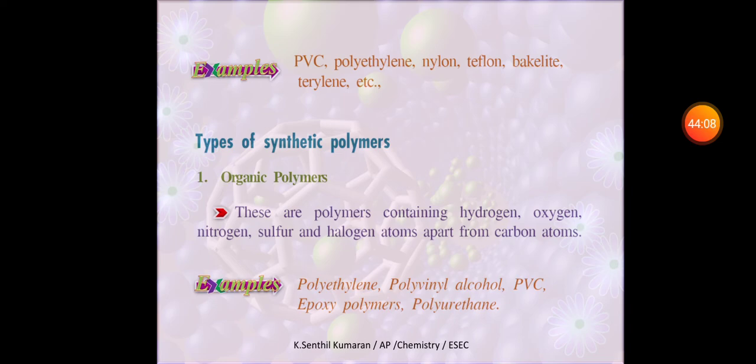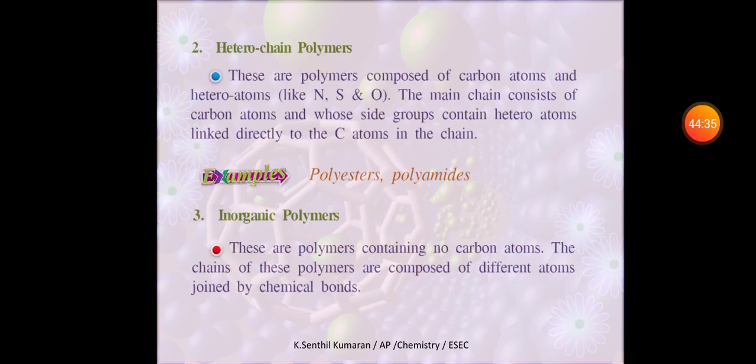Polyethylene, polyvinyl chloride, polyvinyl alcohol, epoxy polymers, polyurethanes, polyethylene terephthalate, nylon 66, nylon 6, nylon 11. These are all the various types of organic polymers, prepared by synthetic or man-made activities. Next, heterochain polymers. Hetero means heteroatom.